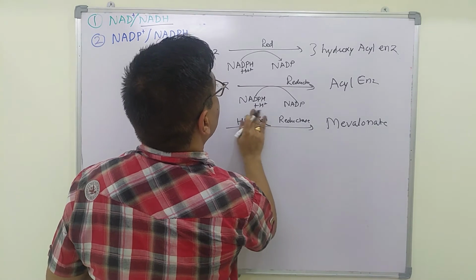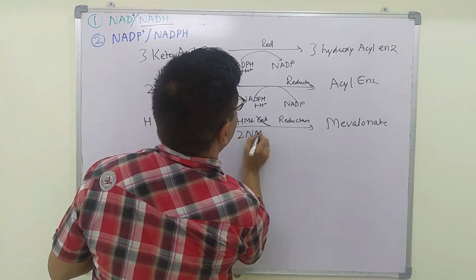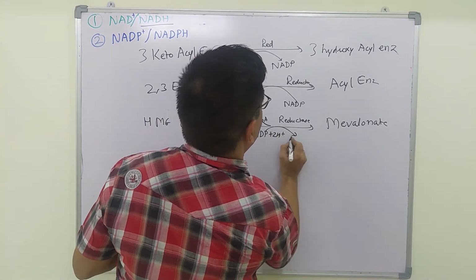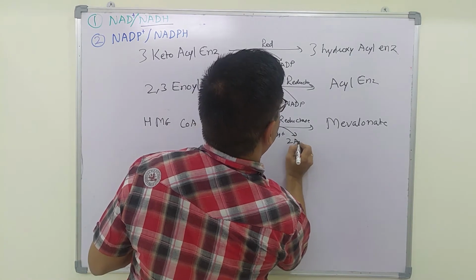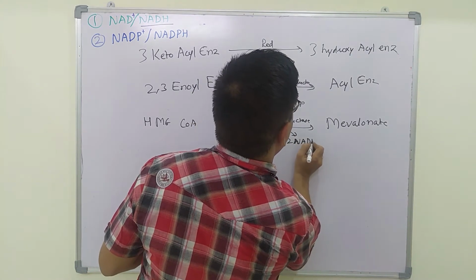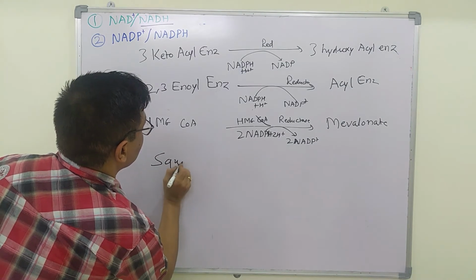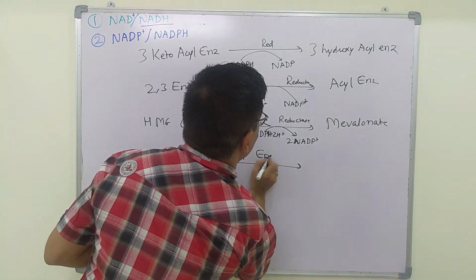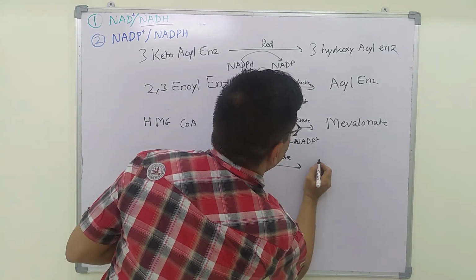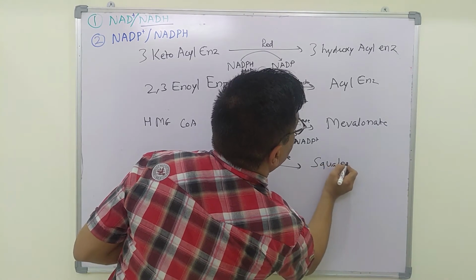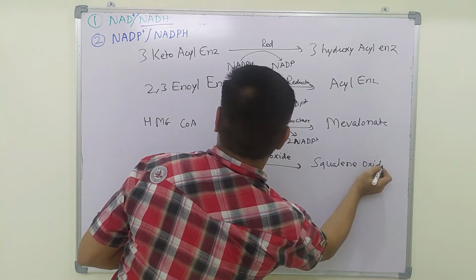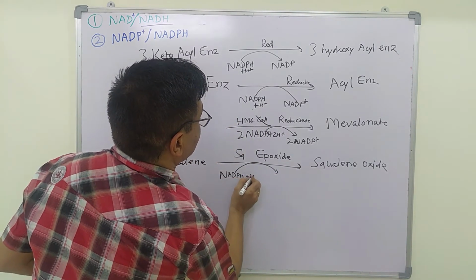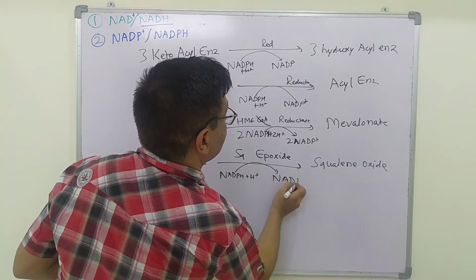Here also 2 NADPH plus 2 H plus are converted into 2 NADP plus. Squalene acted upon by squalene epoxidase is converted into squalene oxide in cholesterol biosynthesis with the help of NADPH plus H plus, which will form NADP.